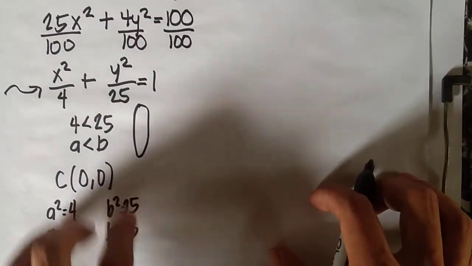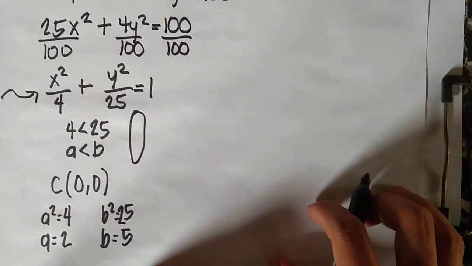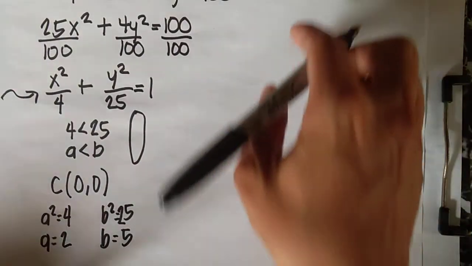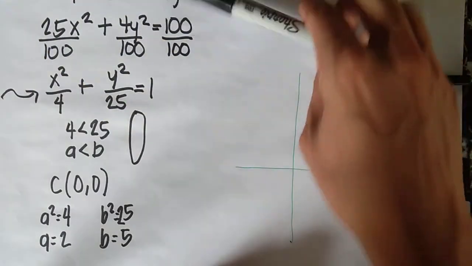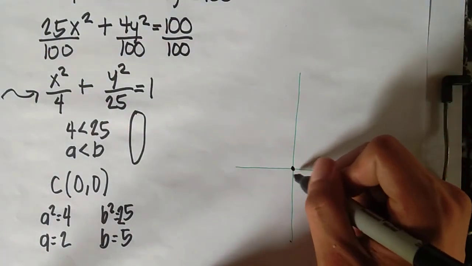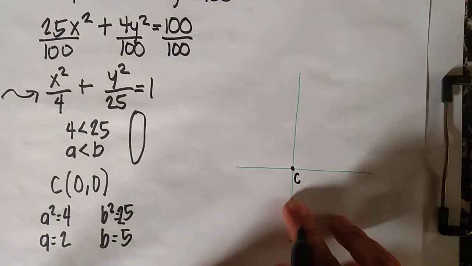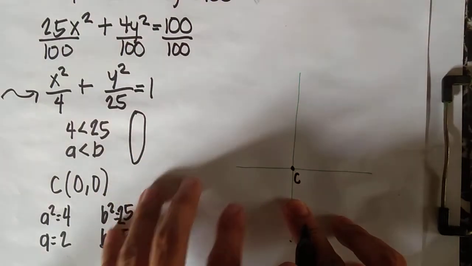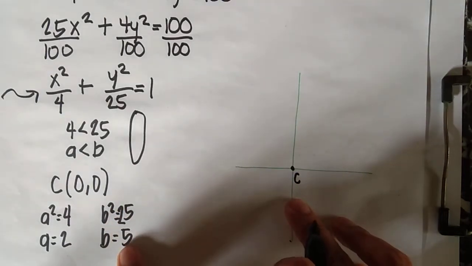Now, we can graph using yung ating mga nakuha ng values. So, since yung ating graph ay nasa center, dito yon. And ang ating ellipse is vertical. So, ibig sabihin, aakyat tayo, vertical, aakyat tayo ng 5 points pataas.